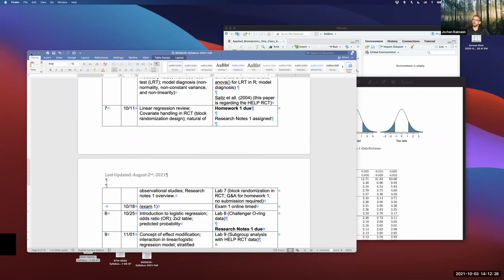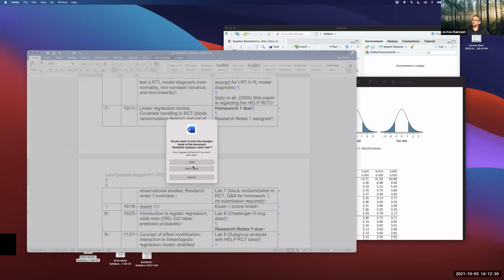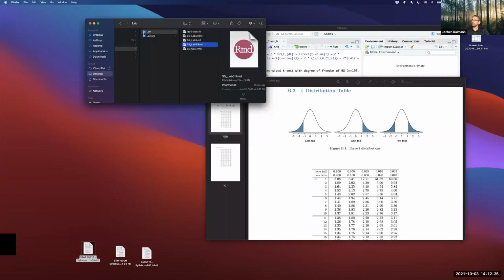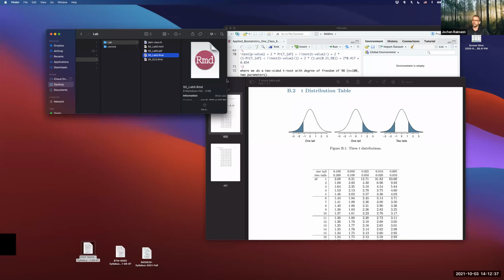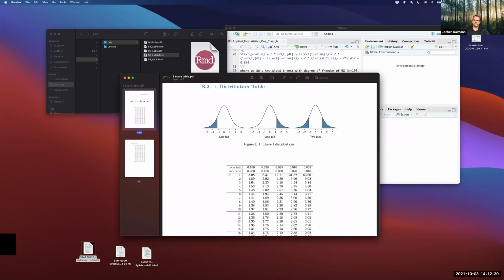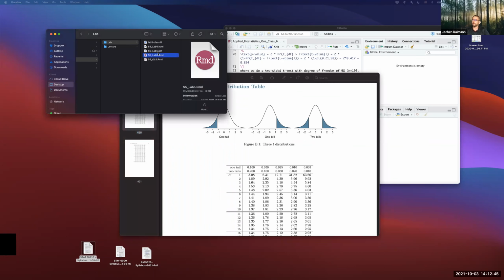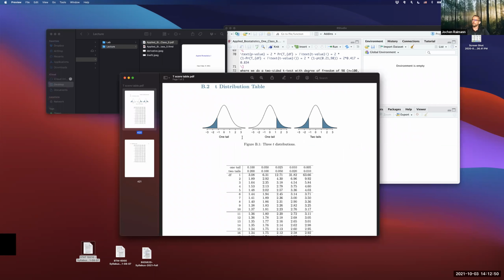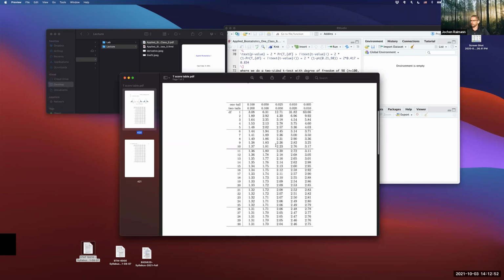Too many windows open. Okay, now I lost my PDF. Okay, we're looking for minus 0.21.